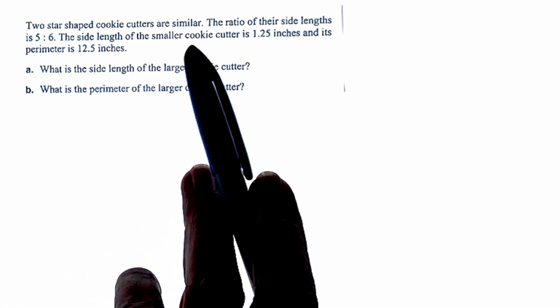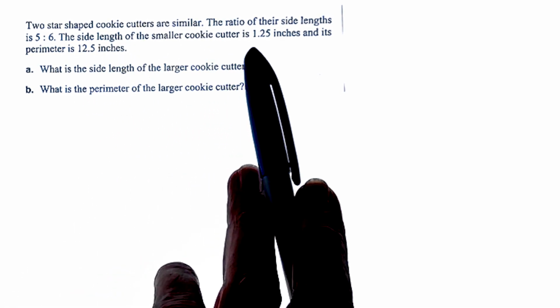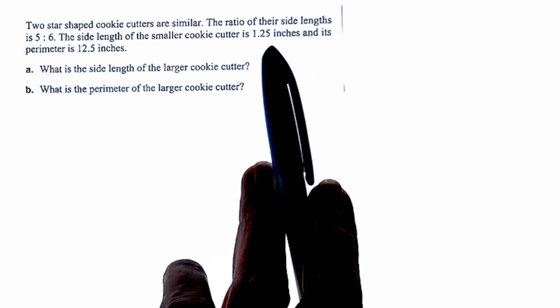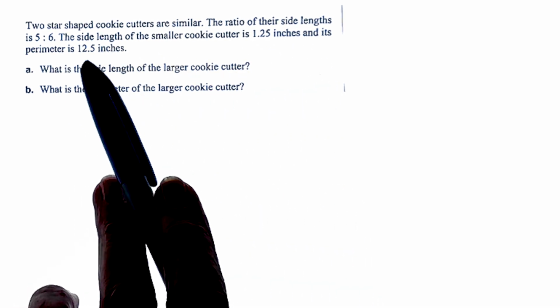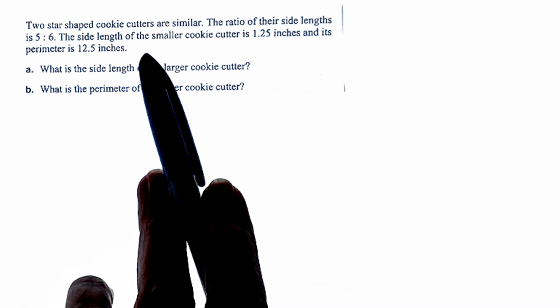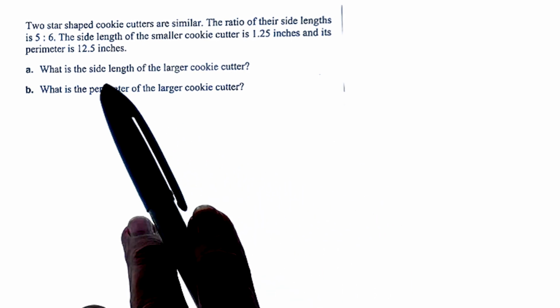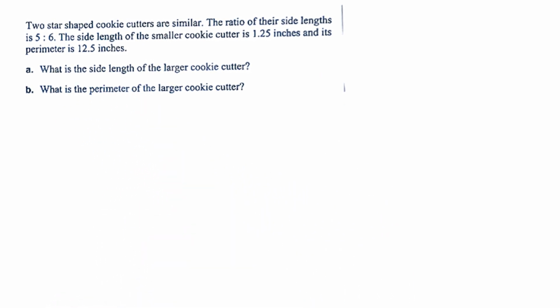The side length of the smaller cookie cutter is 1.25 inches, and its perimeter is 12.5 inches. We're going to find two things. What is the side length of the larger cookie cutter? And what is the perimeter of the larger cookie cutter?